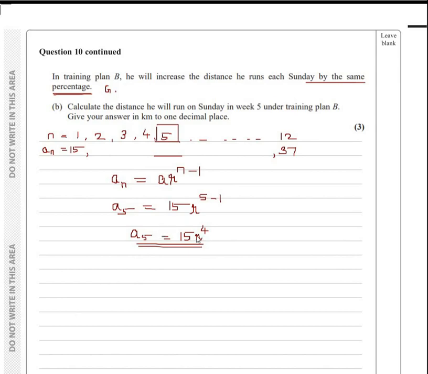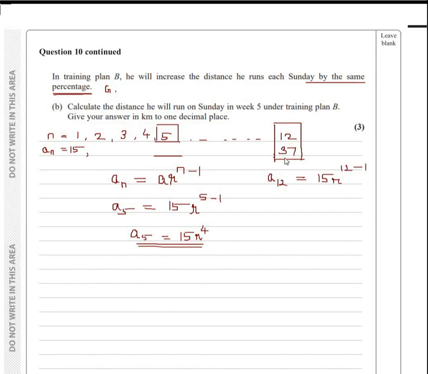To get the value of the common ratio R, we are going to make use of the 12th week. Using the same formula, we can write A12 equals 15 R to the power of 12 minus 1. We know what term comes in the 12th week.